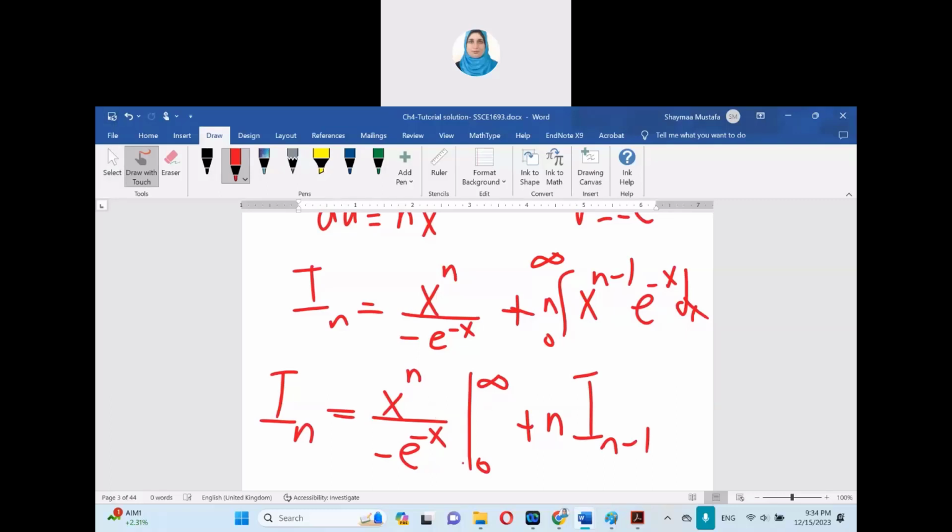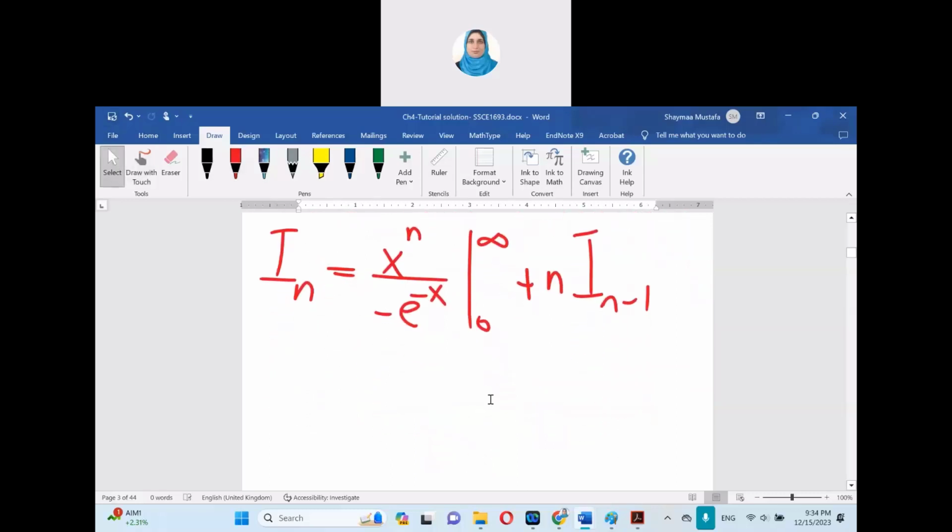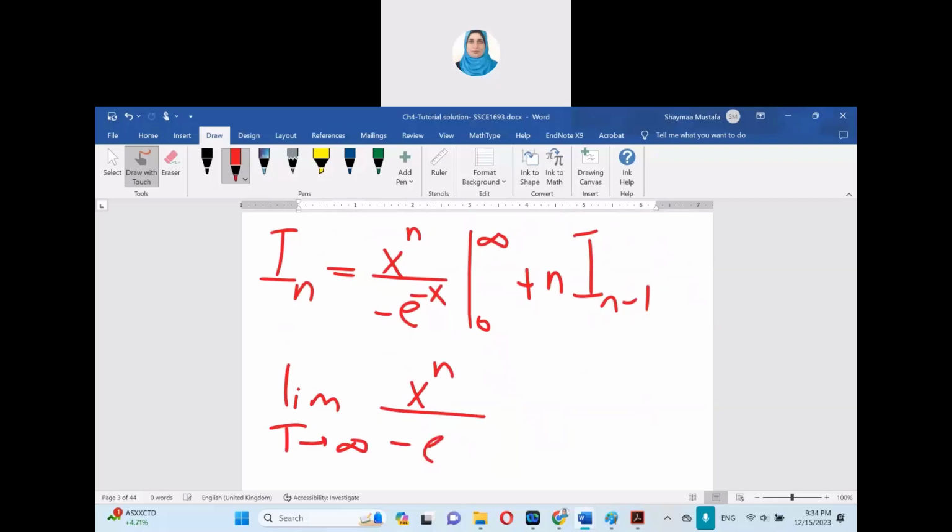For this part, you have to replace infinity by t and take the limit. The limit when t goes to infinity of x to the power n times minus e to the power minus x from 0 to t becomes the limit when t goes to infinity of t to the power n times minus e to the power minus t, minus 0.